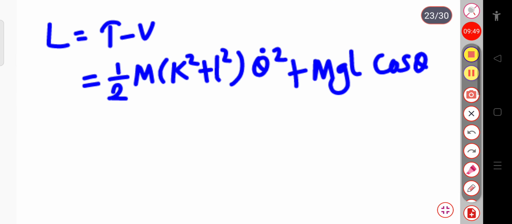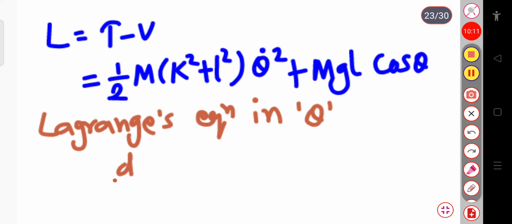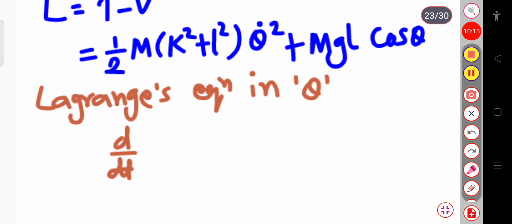Now you know the Lagrange's equation of motion. In the theta coordinate, we can write d by dt of del L by del q k dot, but here theta is the coordinate.